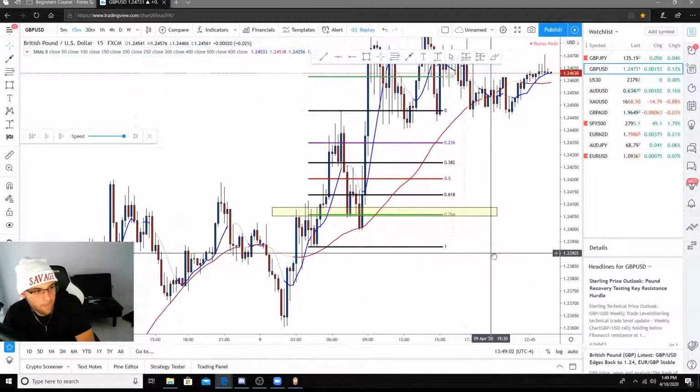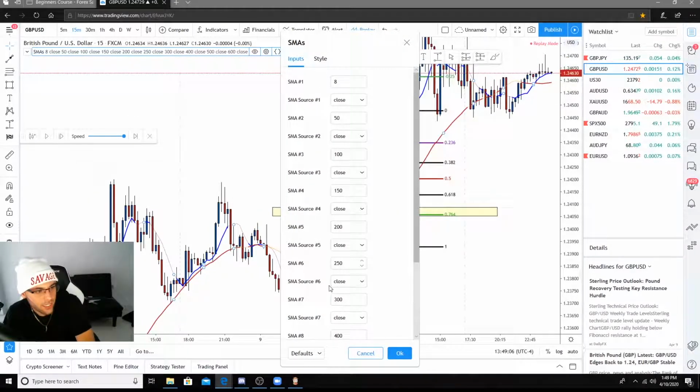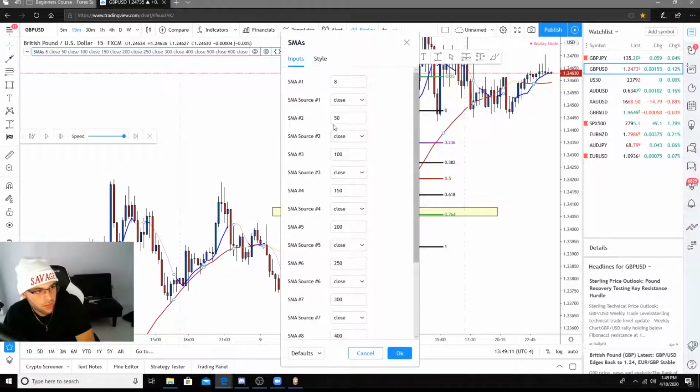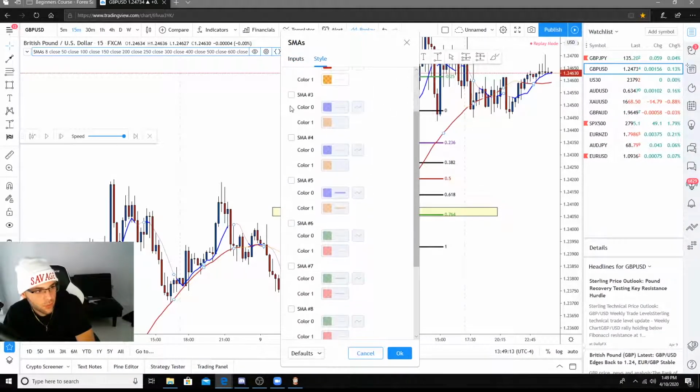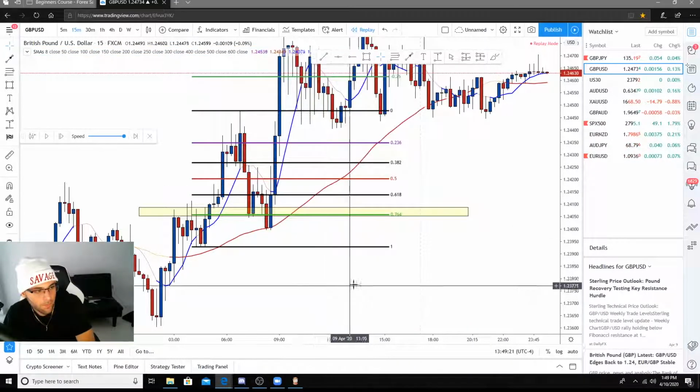Then you just edit them. Go to the styles, put the top 8, second 50, and then clear out these, exit them off, because otherwise it'll show you a whole bunch of them. So all you got to do is play with these colors. Make this one blue, make this one red. And boom, you're good to go.